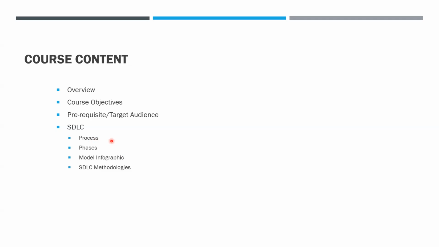So we're going to talk about the process of the SDLC, how it comes to be, the important mindset that it is, and then it moves on to the phases. The software development lifecycle has phases in it.